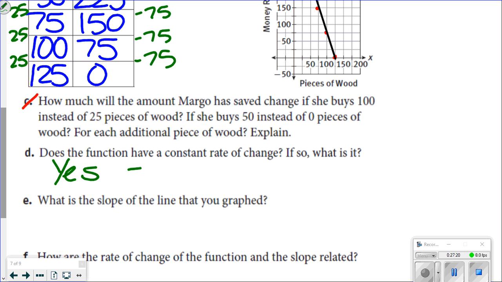We are going down by 75 every time with our money, and we're going up by 25 pieces of wood. So let's divide that out. What do we get? -3. So yes, our rate of change is constant, and it's a -3.